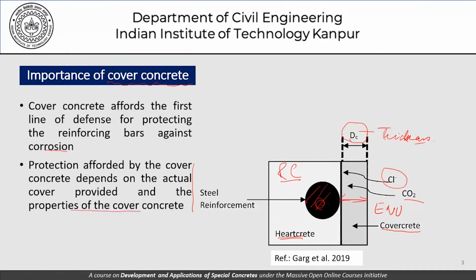There's no point in providing a large amount of cover if the concrete is pervious, or as in certain specifications, in fact, you are allowed to reduce the cover thickness if the grade of concrete increases. So there is a reduction in the cover thickness provision provided the grade of concrete is higher.